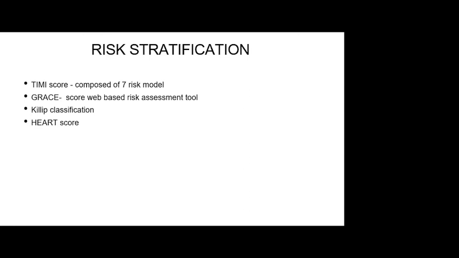So if the score is more than 140, it is high risk. Then you need cardiologist help. If it is more than 140, yes, cardiologist, because it predicts that the in-house mortality and morbidity is very high. But between 109 and 140 is again a gray zone.